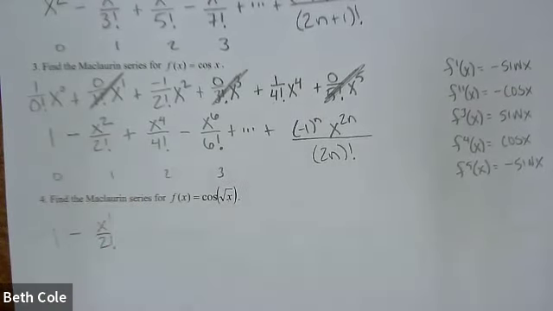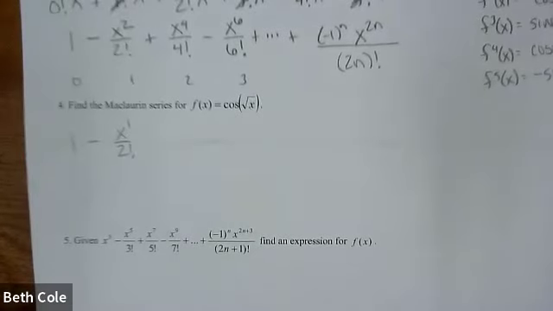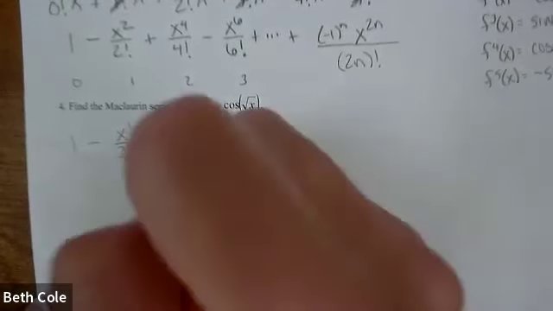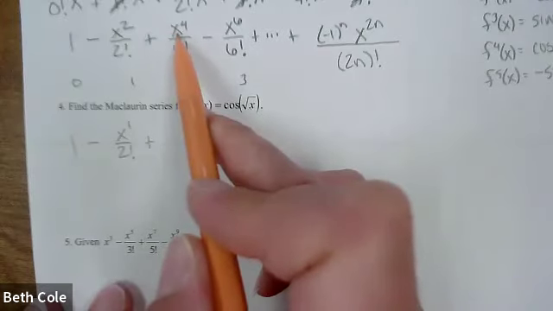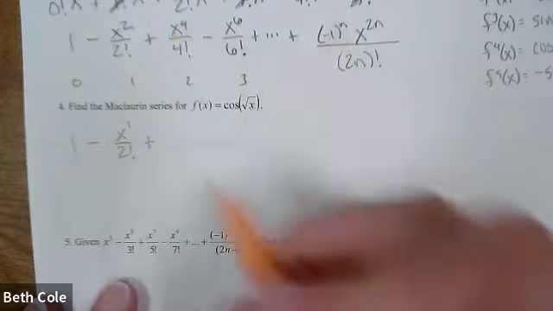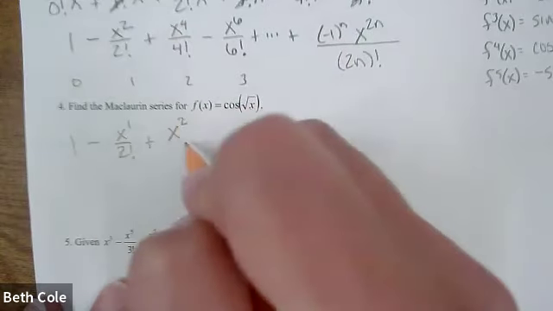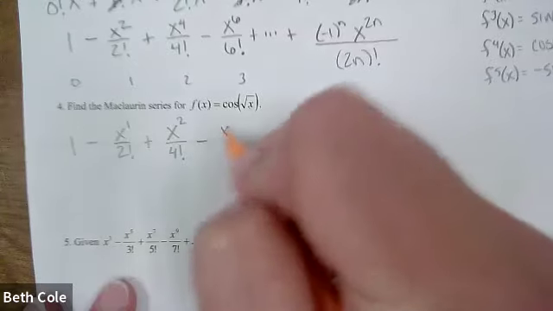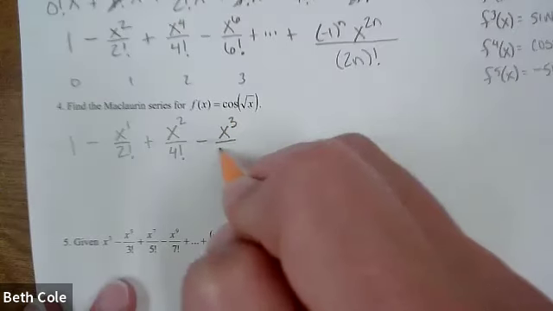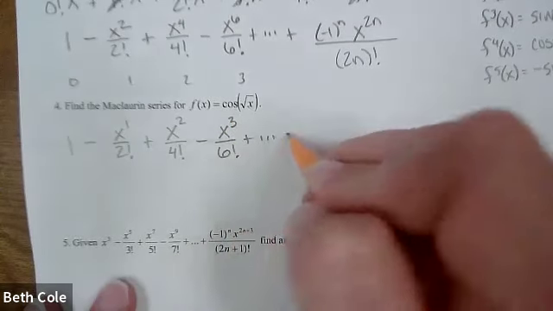And if you want to put a 1 there, you can, because we're going to have to write the general term. If that helps you, you can do that. All right, plus, you're plugging in a square root of x, or an x to the 1/2, if you will. So it'll be x squared, perfect, over 4 factorial, but yeah, that part doesn't change. And then minus x to the 3rd over 6 factorial.